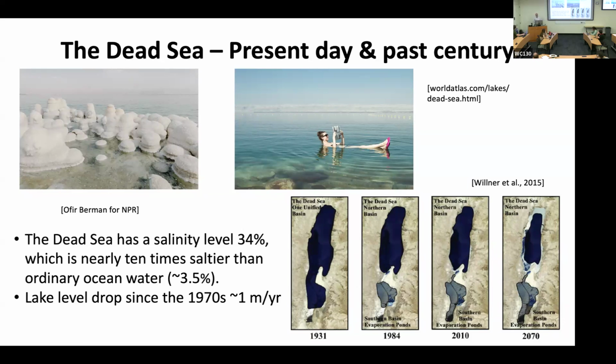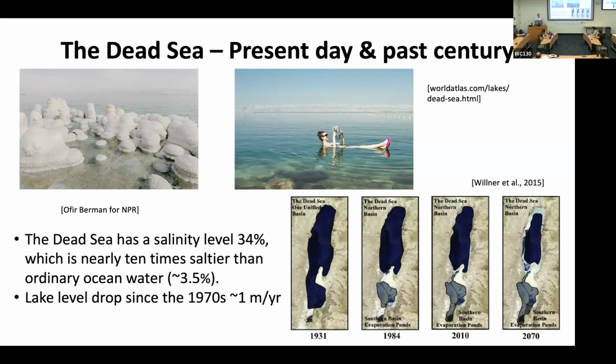But there are a lot of issues associated with that, because the regular ocean water or Mediterranean water is not salty enough, and as a result it is going to generate a layer of gypsum as it interacts with the very salty water of the Dead Sea.